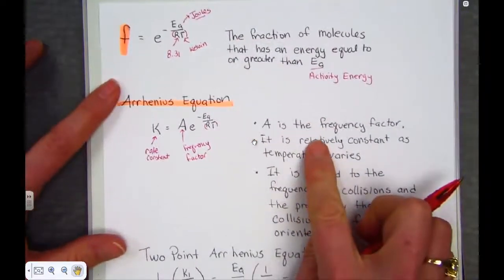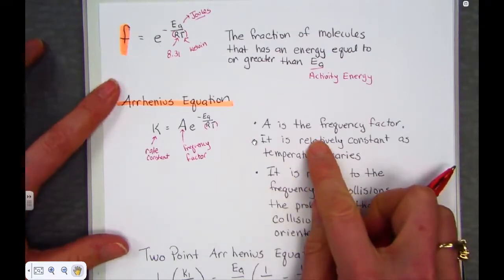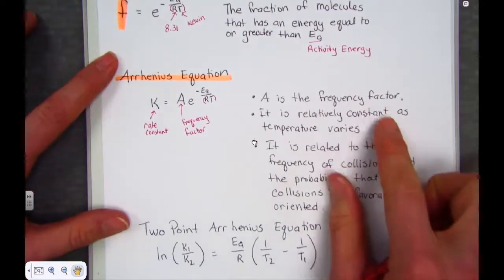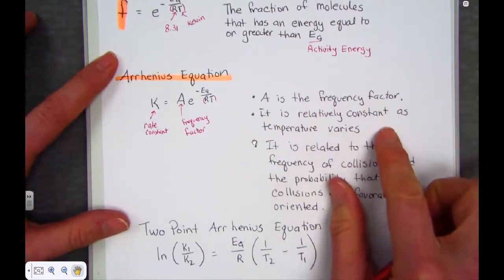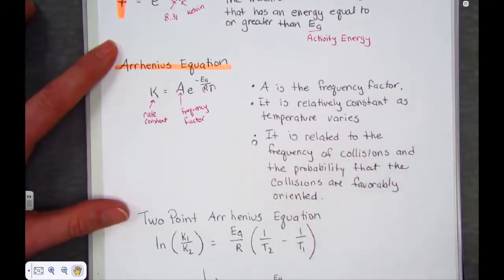I went on further to define, and just to reiterate, some important notes you took from the video lesson. A is defined as the frequency factor. It's relatively constant even though the temperature varies during the Arrhenius equation. The y-intercept of our straight line is indeed a constant value, or pretty close to being constant. It's related to two things, those two criteria of how well a collision actually occurs.